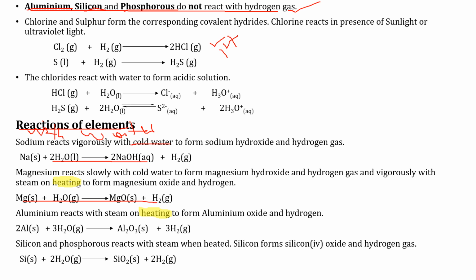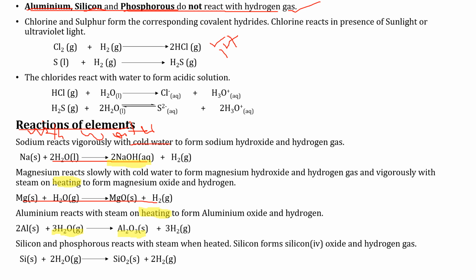Like I've told you, if you're reacting water in form of steam, the only product you always get is an oxide. But if you're reacting water when it's cold or when it's in liquid form, you are going to get a hydroxide. Take note about that. Then the other product is going to remain the same, which is hydrogen gas. And then lastly, silicon and phosphorus react with steam when heated.